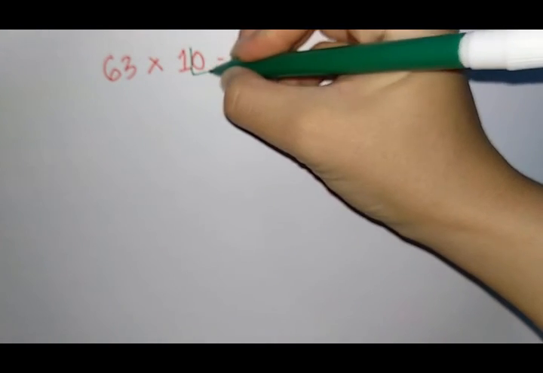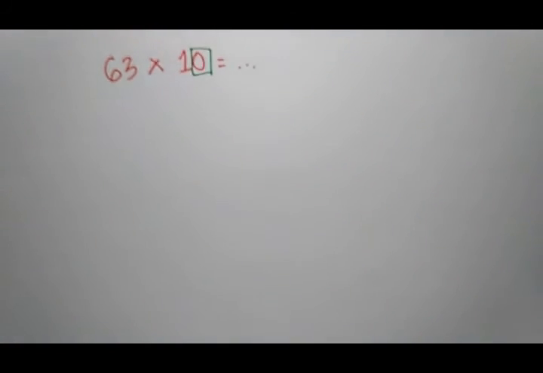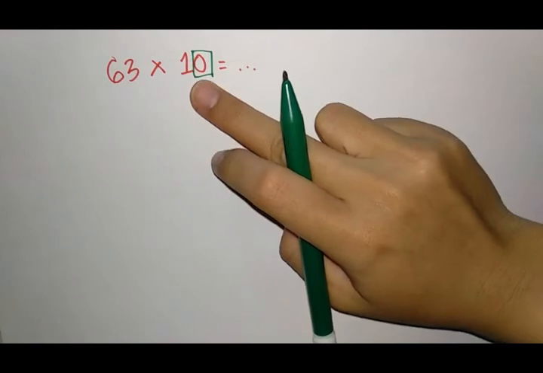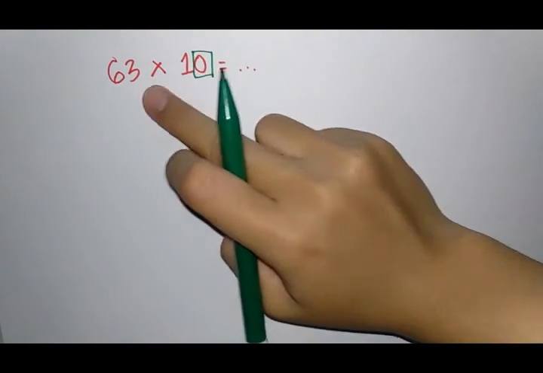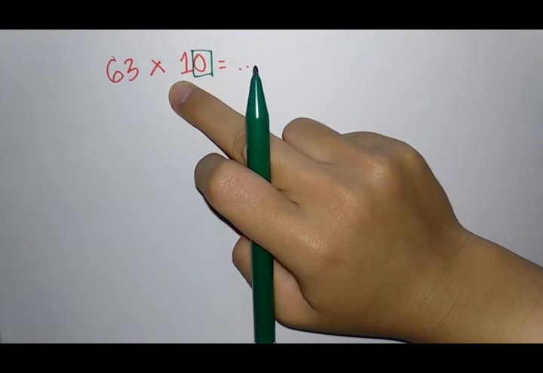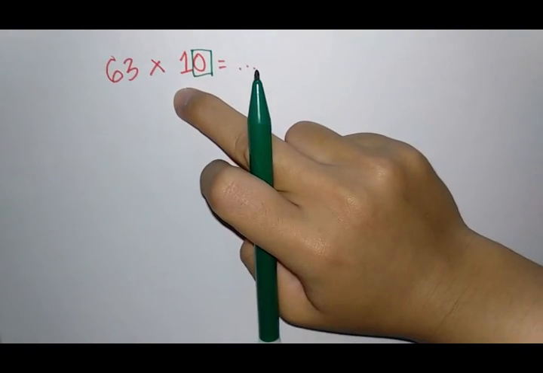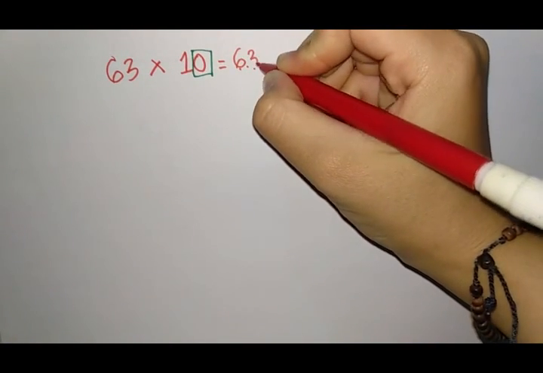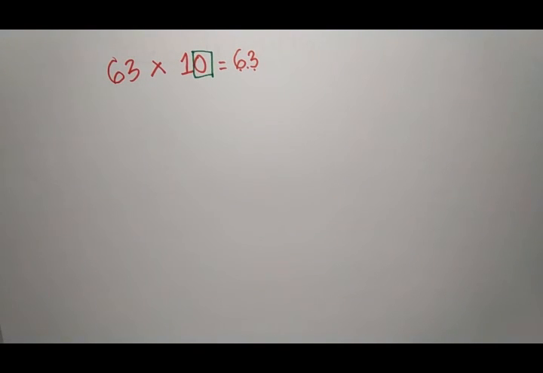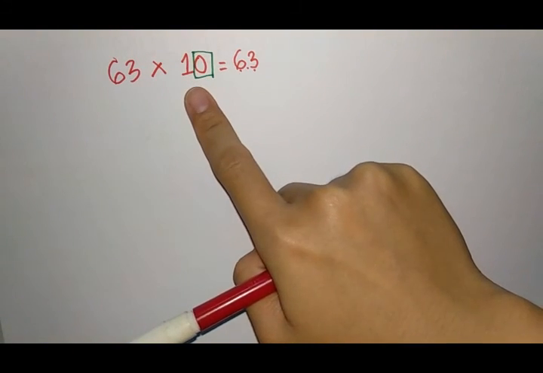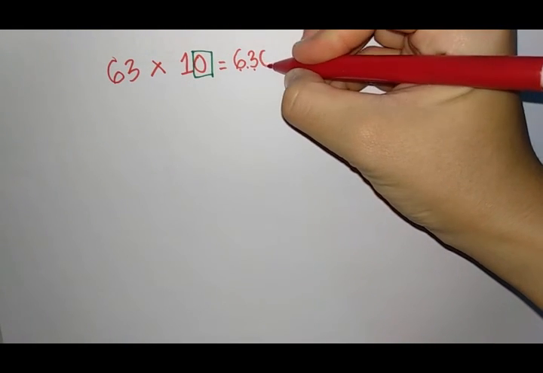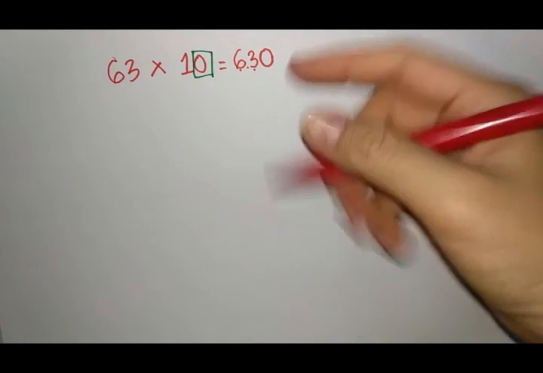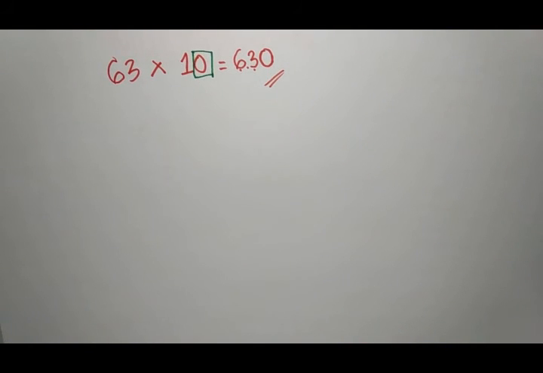Just one 0 here. Okay, we keep the 0 first. After we keep the 0, we multiply the 63 by 1. 63 multiplied by 1 equals 63. Just right here. And because we have one 0, just write one 0 after 63. And this is the answer. So very easy.